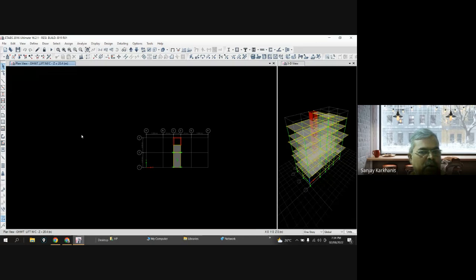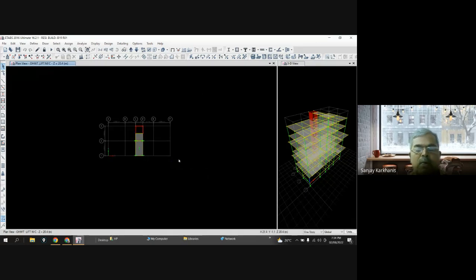So what are we now going to do? We are going to apply the lateral load that might be experienced by this building due to earthquake. In earthquake, we will go for the equivalent static load method and dynamic analysis, that is linear dynamic analysis with the help of modal superposition and response spectra.